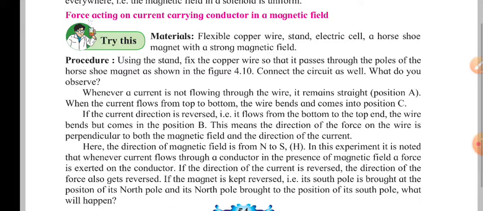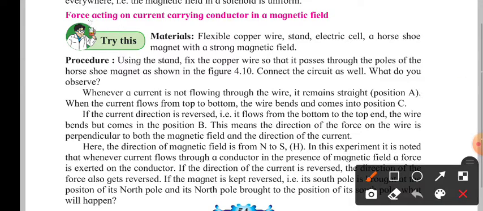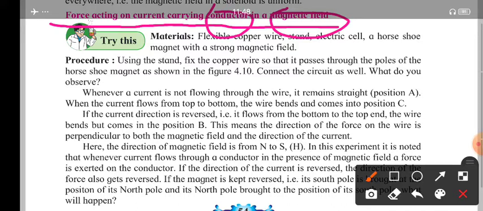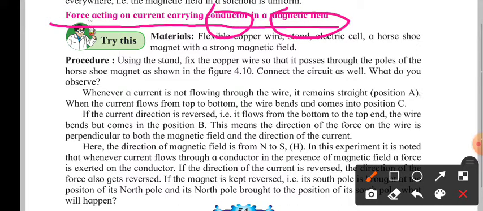Next, force affecting a current carrying conductor in a magnetic field. In this particular section, just read it carefully: force acting on a current carrying conductor in a magnetic field. So this is one magnetic field, and another magnetic field is generated around the conductor. Two magnetic fields are there.